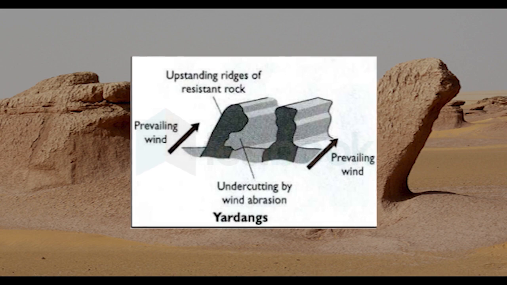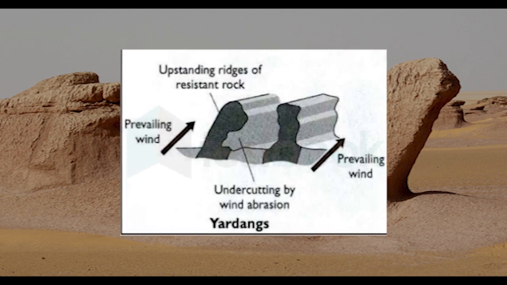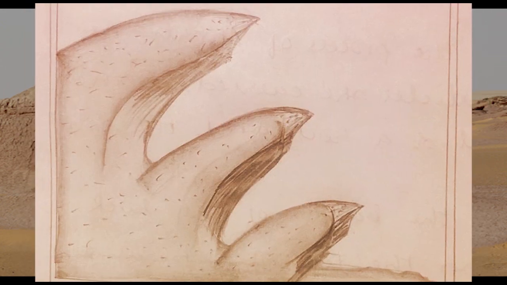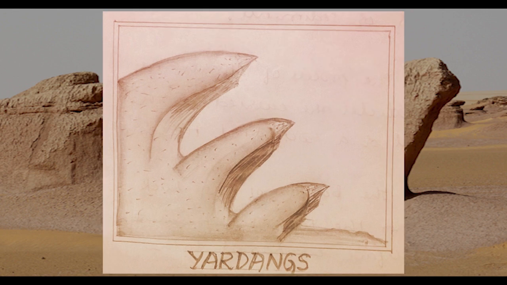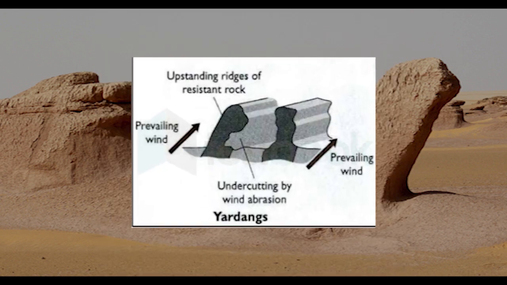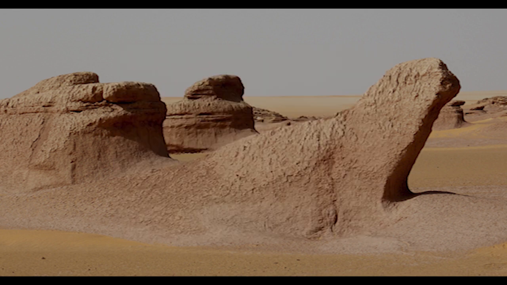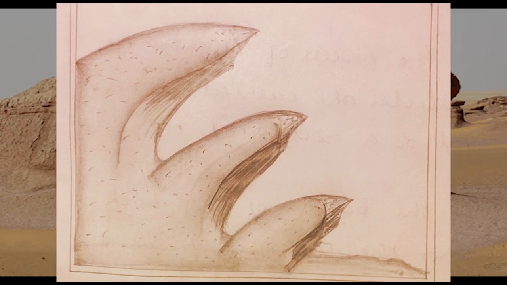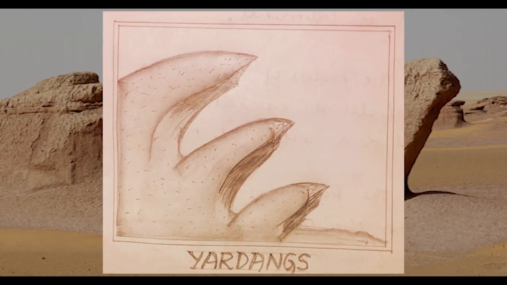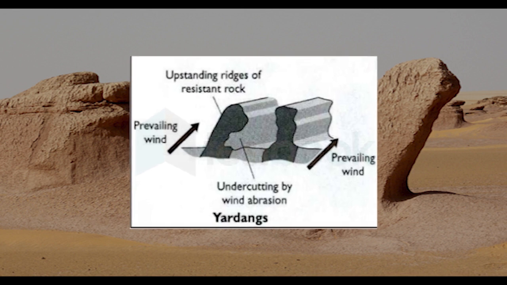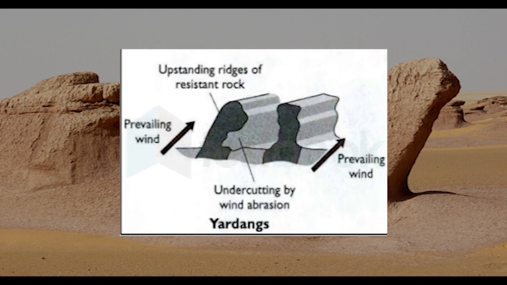Winds enter and scour up rocks, particularly from the soft band, thus digging furrows within the soft bands. The resistant hard bands therefore remain standing high up as raised ribs or ridges and are called yardangs. The diagram below shows yardang.